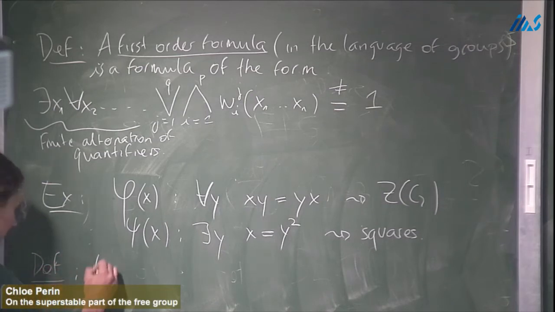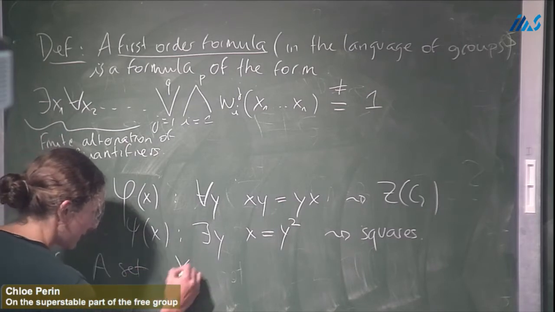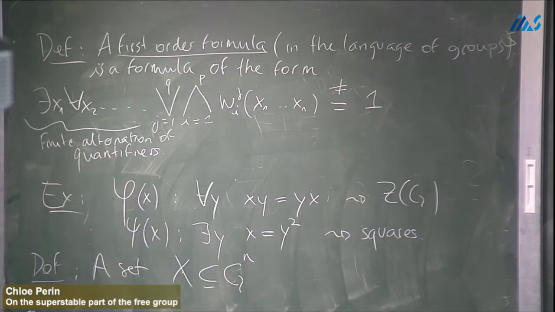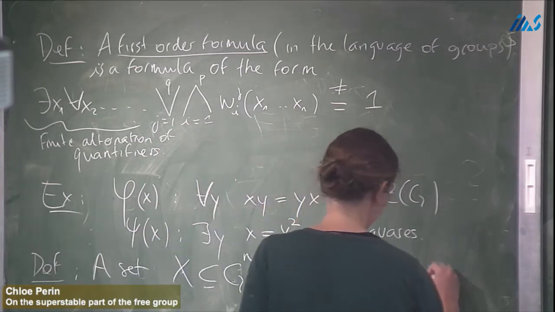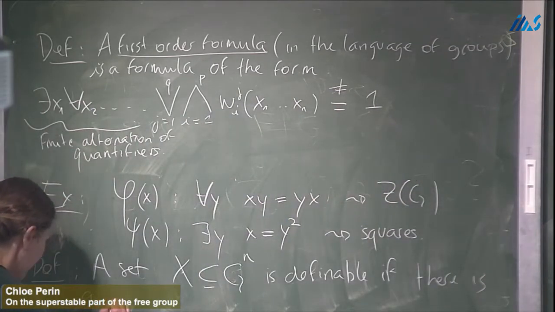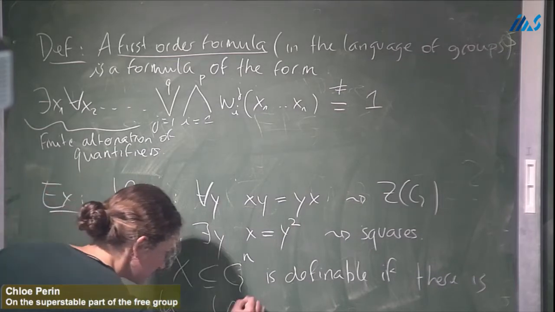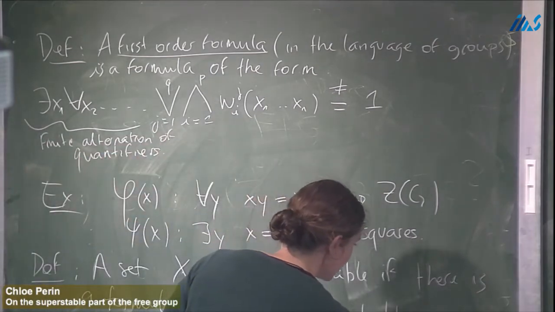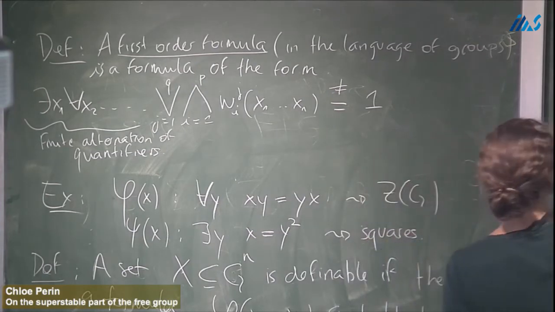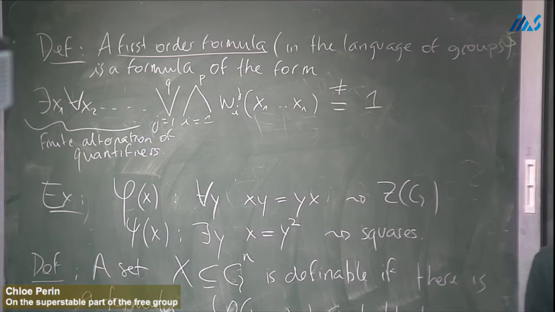So let's say X in some Cartesian power of the group is definable if there is a formula phi with n free variables such that X is exactly the set of g1, ..., gn such that G satisfies the formula phi of g1, ..., gn.